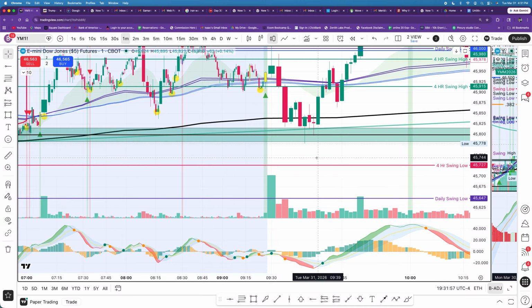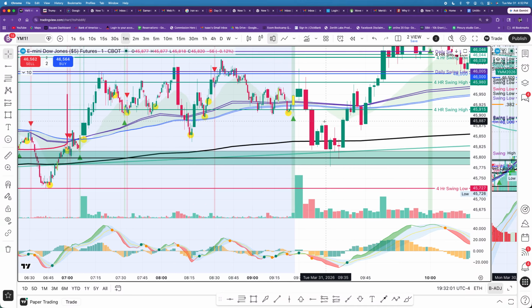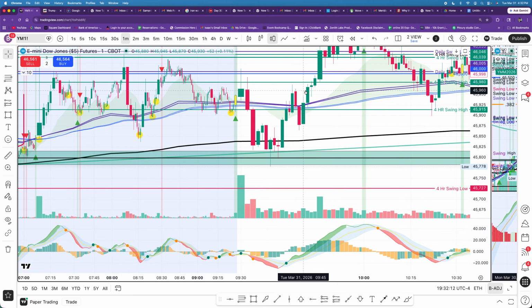So anyway, price opens and pops up against this daily swing low up here, but 9:31 is really too early to do anything. 9:36 to 9:38, 9:40 is usually a good time to enter a trade if you see something. Price does come down here. Here's 9:36, and you start to see this hook happening at 9:37, 9:38.